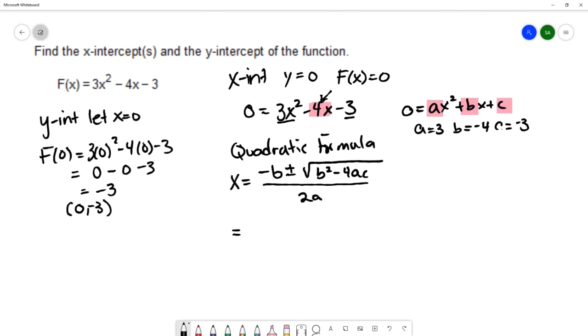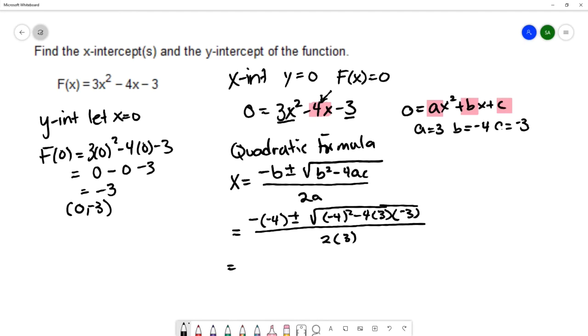So we're going to substitute those values into the quadratic formula. And that will give us negative 4 plus or minus the square root of negative 4 squared minus 4 times 3 times negative 3. This is all over 2 times 3. So negative times negative 4 is positive 4. Negative 4 squared is 16. So what I'm doing at this point is I'm simplifying the expression using order of operations.